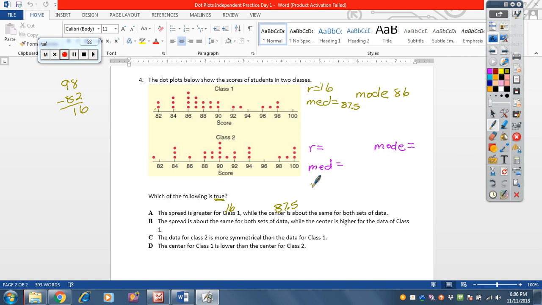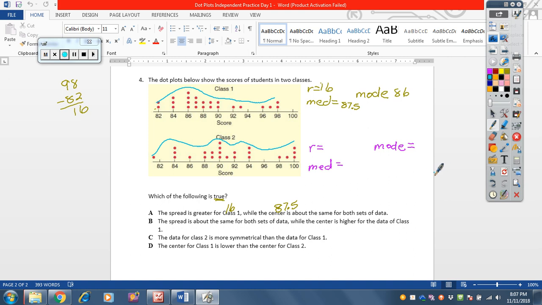C says the data for class 2 is more symmetrical than the data for class 1. I don't know. It's pretty much all spread out, isn't it? Like neither one are skewed or symmetrical. They're just kind of spread out. I would probably not choose C unless there are no other good answers.